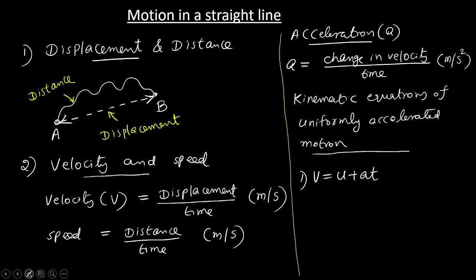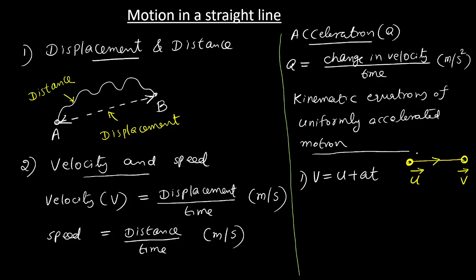A body is moving along a straight line. This is the initial position. This is the final position. u is the initial velocity and v is the final velocity.